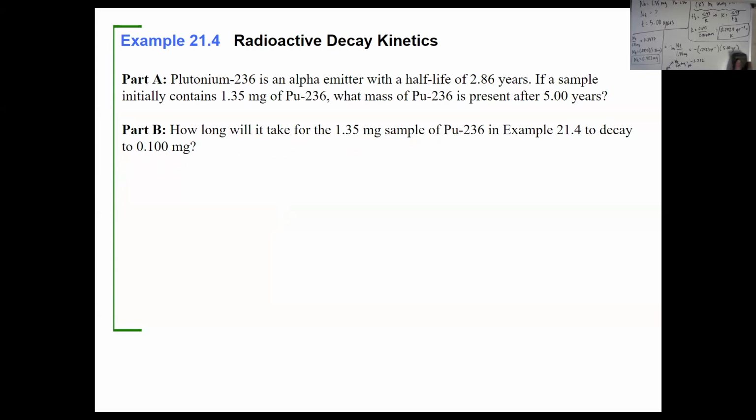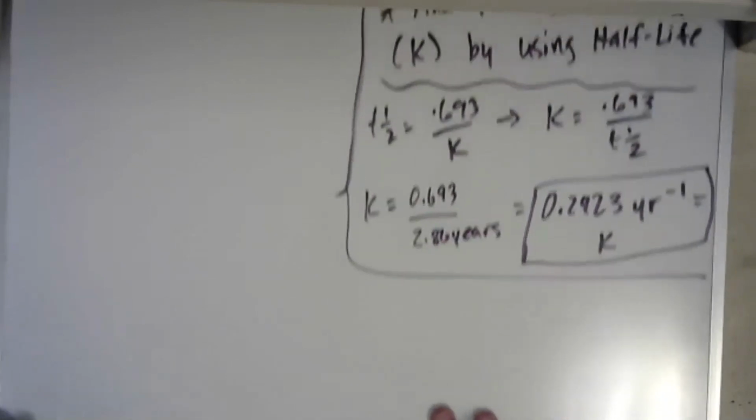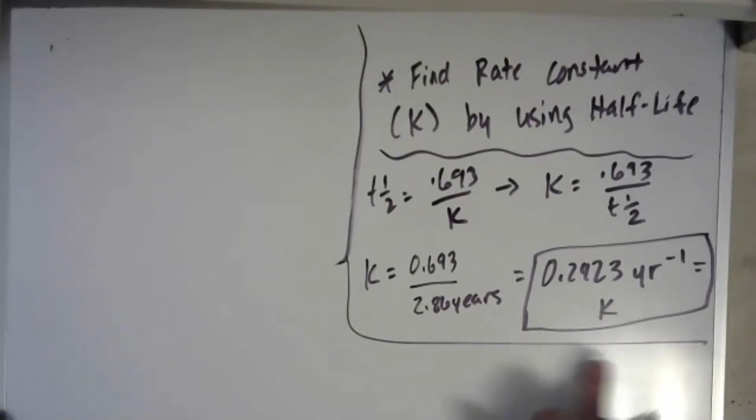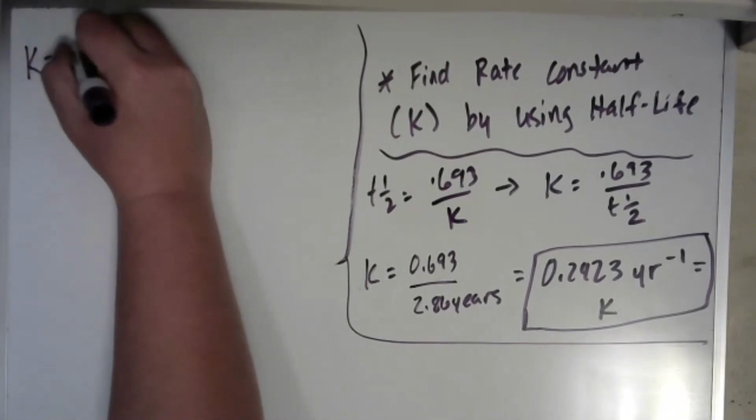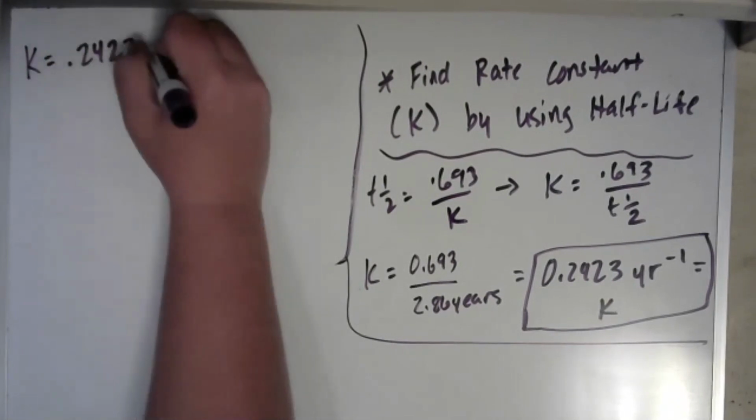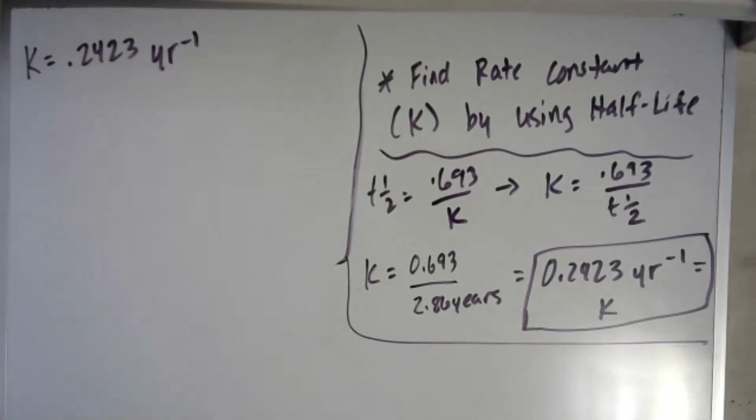All right, so let's erase this and write in our new info. Okay, so we're still going to have our K value. I'm going to rewrite it up here. K equals 0.2423 inverse years.